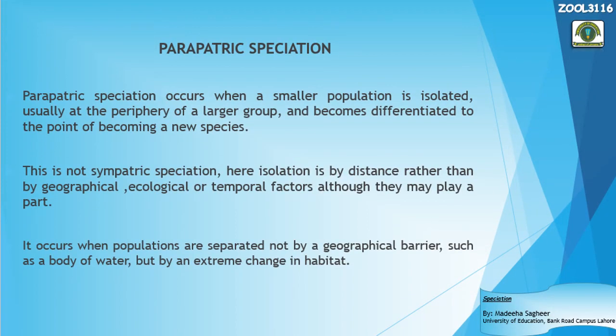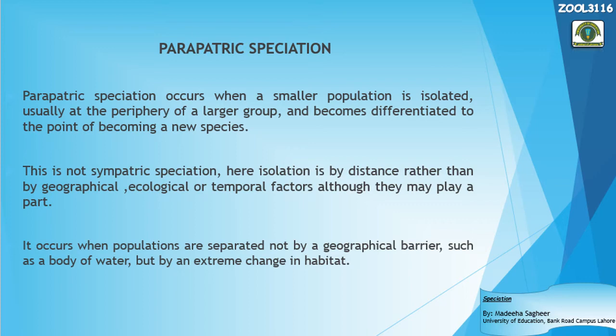Okay, the fourth mode of speciation is parapatric speciation. In parapatric speciation, this speciation takes place because of the distance, right? Groups of individuals are distant from the rest of the population, but there is no geographical barrier, no other barrier that separates or isolates the population.